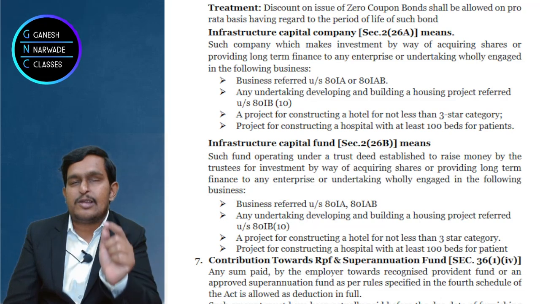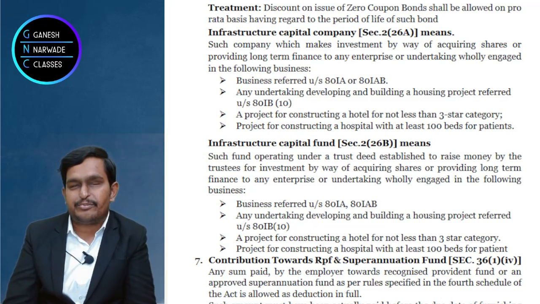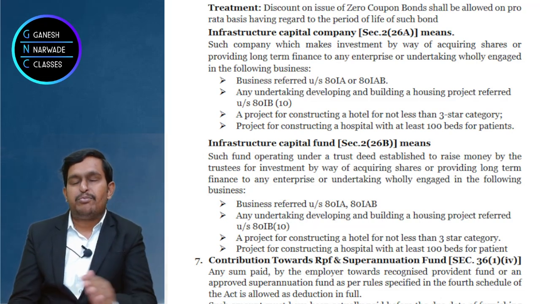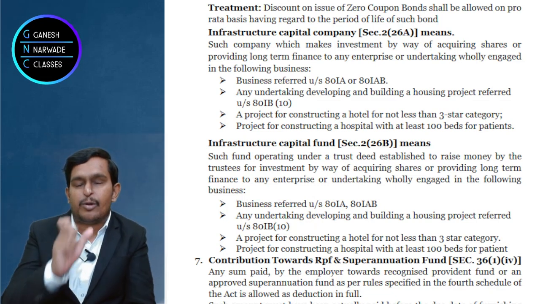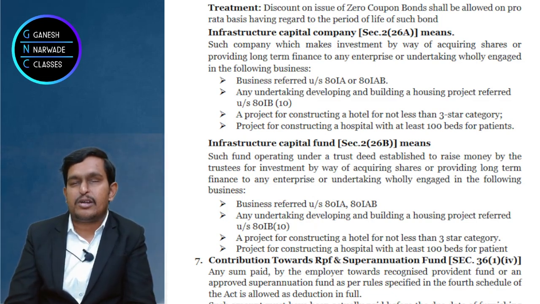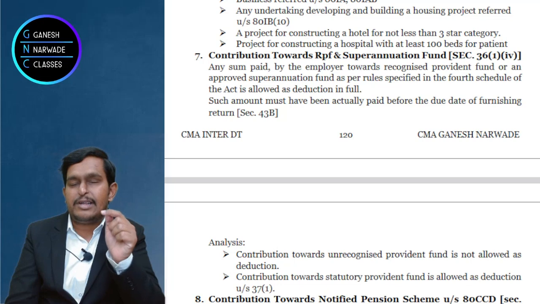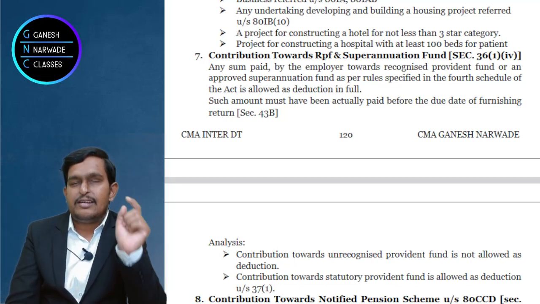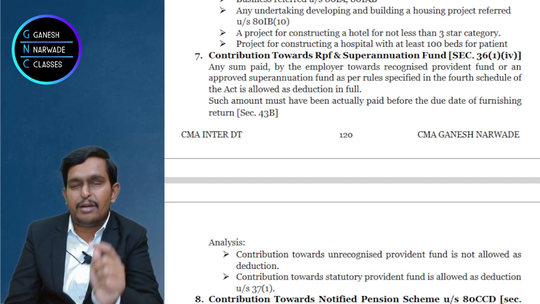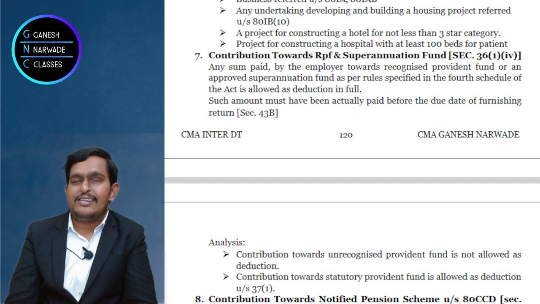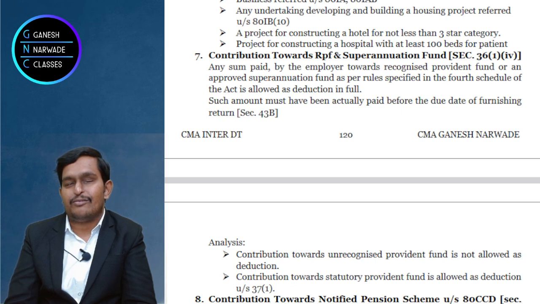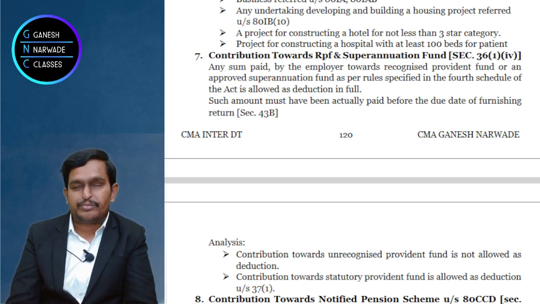Before the due date of filing the income tax returns. Okay. If the employer contributes to the recognized provident fund or approved superannuation fund, then he can claim the deduction for the contribution. But the payment should be done at least before filing the income tax returns. This is mentioned in section 36 subsection 1 clause 4.